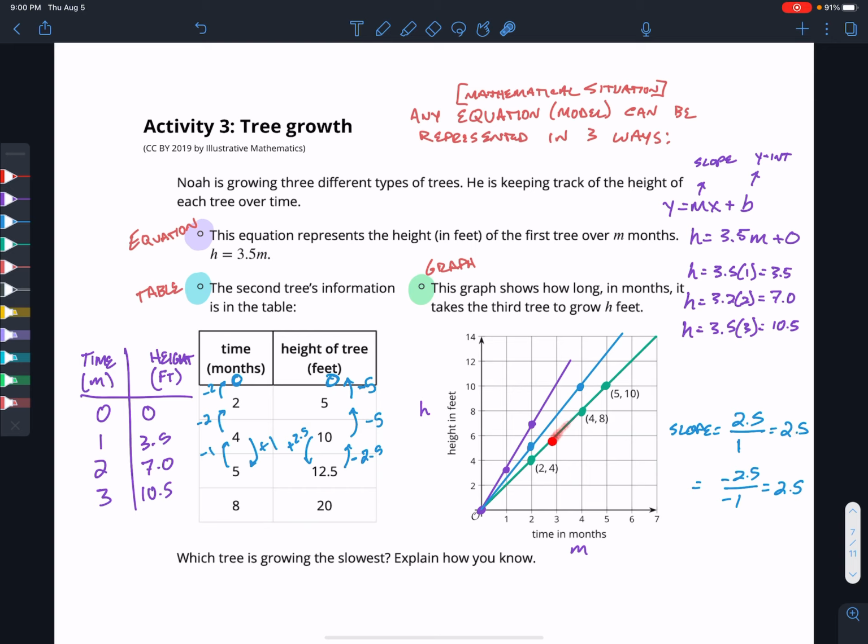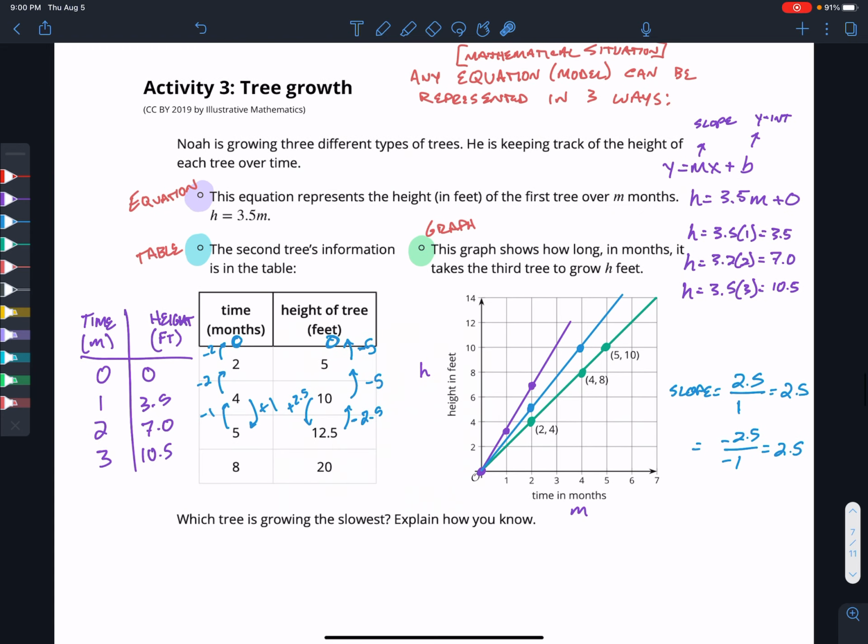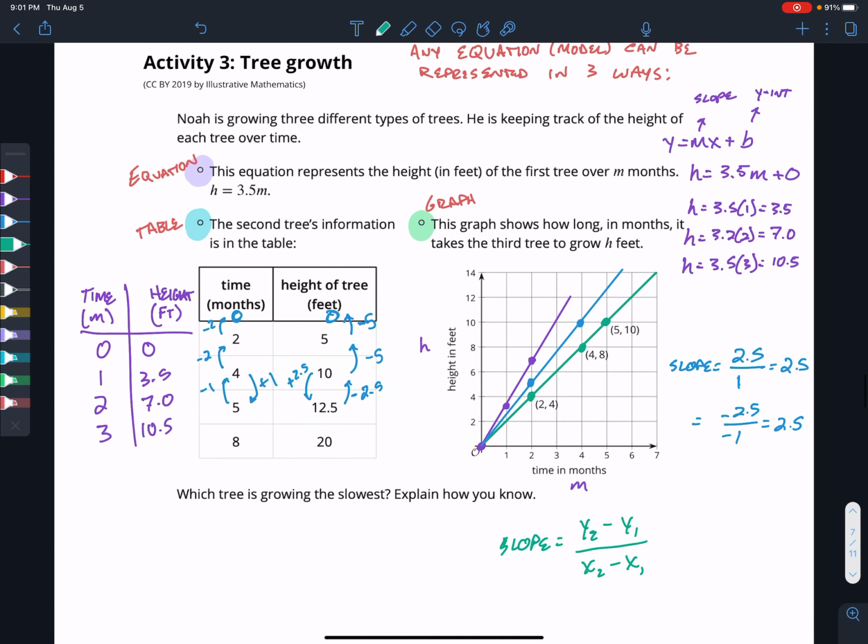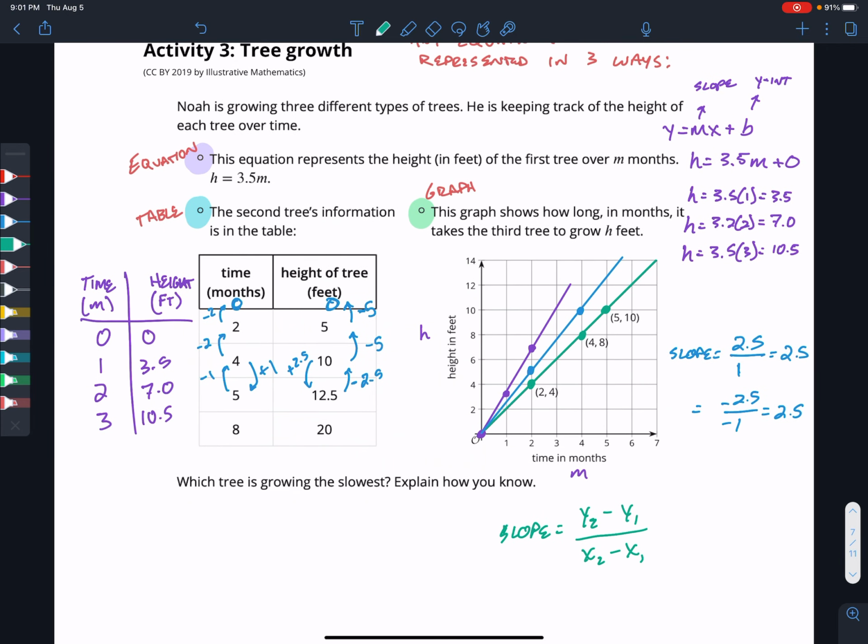Now, how do we find the slope of this one? Well, we can do our slope equation. If you don't remember, the slope equation is y2 minus y1 over x2 minus x1. And this means you take one of your points.